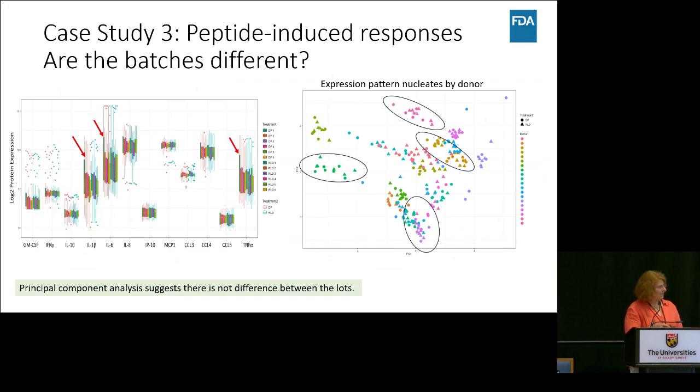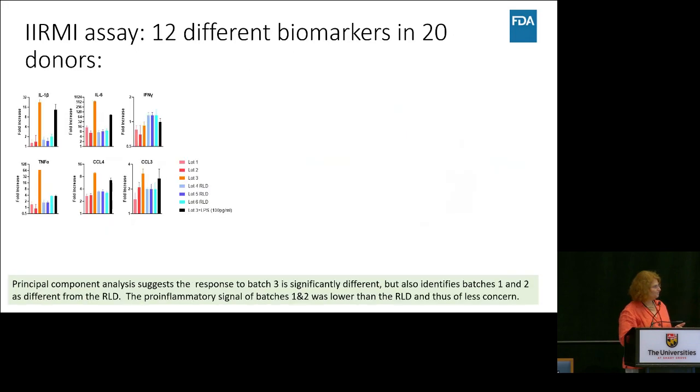One of the things that you see here is that the data points really group by donor and not by product, indicating that the impact of the donor is much stronger than the impact of the lot. That again gives us some peace of mind that we weren't really seeing a signal that was of concern.